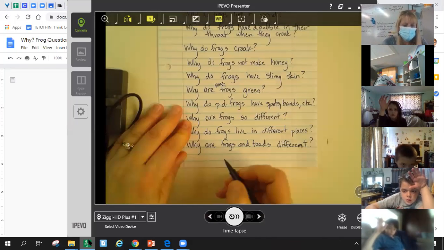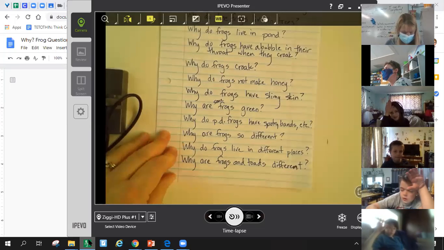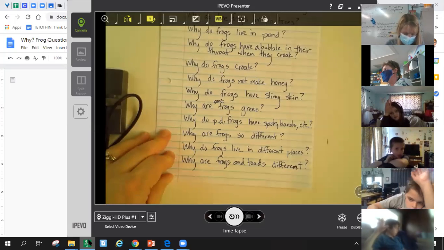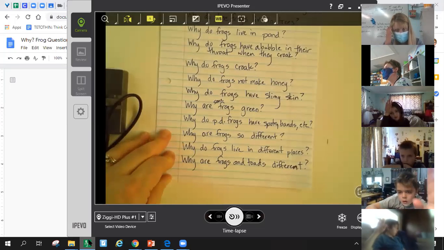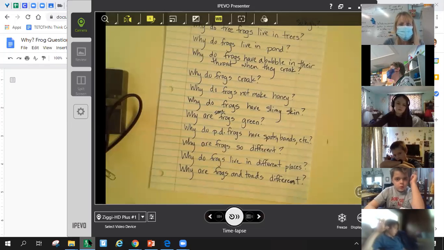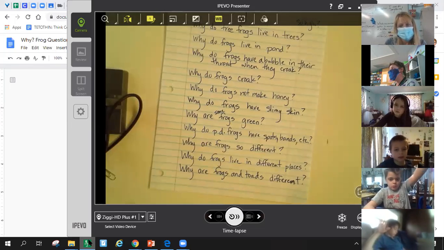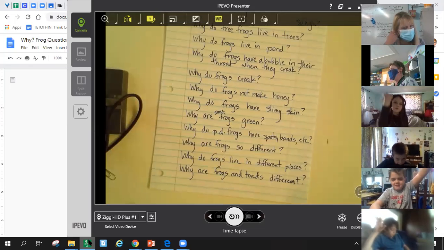Henrik? Why are frogs creepy? Okay, so creepy, isn't that an opinion? So we want to focus it on their bodies or their lives or something like that. I don't think they're creepy, so that might be hard for me to try. What is it about them that makes them creepy?